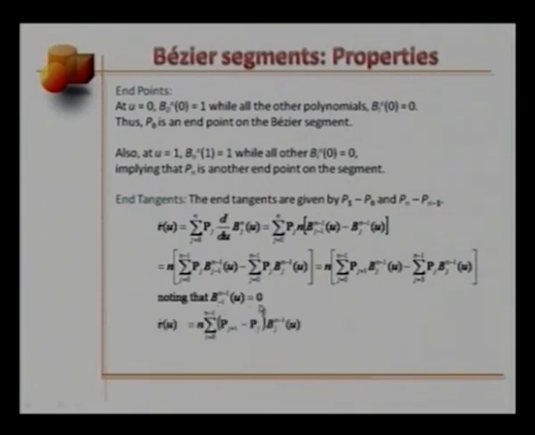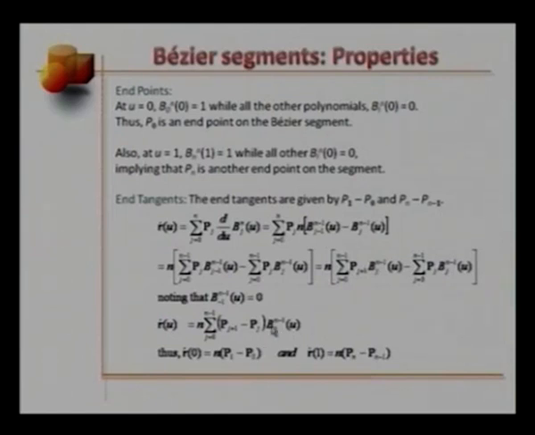Once we use this information here, the first derivative of a Bezier curve would become n times summation j going from 0 to n minus 1 of p j plus 1 minus p j, within parenthesis, times the jth Bernstein polynomial of degree n minus 1. Now, for u equals 0, all the other Bernstein polynomials except for the first one will be 0. And for u equals 1, all but the last one will be 0.